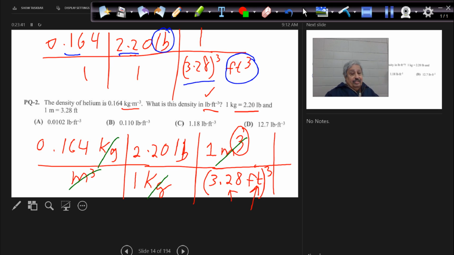So how much is it? Somebody will tell me. So how much? Come on, guys, don't let me down. First, get 3.28 to power 3. How much is it? So get this value here first, and then you multiply those together, divided by the cube value of this.